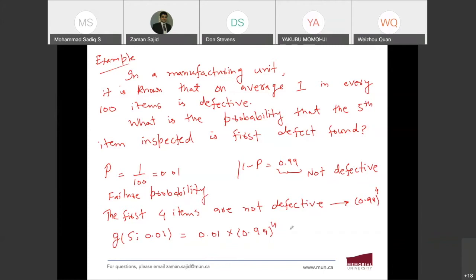When you solve it, you will get the answer of 9.61 times 10 raised to power minus 3. So this much is the probability that when you inspect the items, the fifth item will be the first defective item. Okay, now I'm going on the next slide.